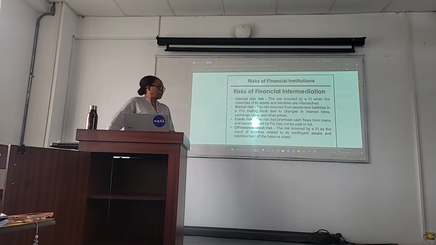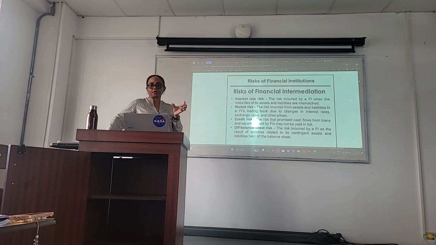Off-balance sheet risk is not usually identified as a risk in general. But for banks in particular, they incur off-balance sheet risk, all right, because they engage in activities that are not part of their principal function.